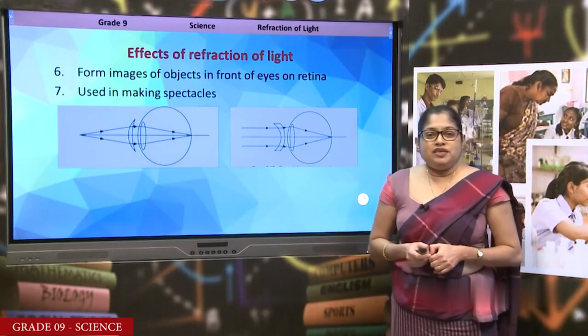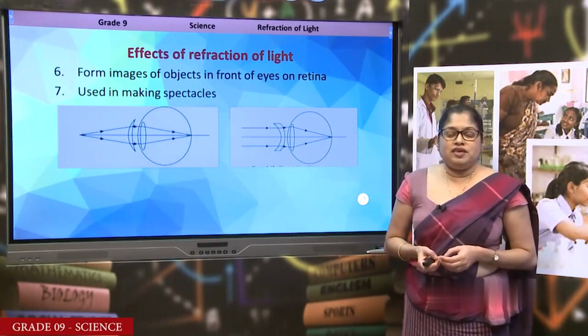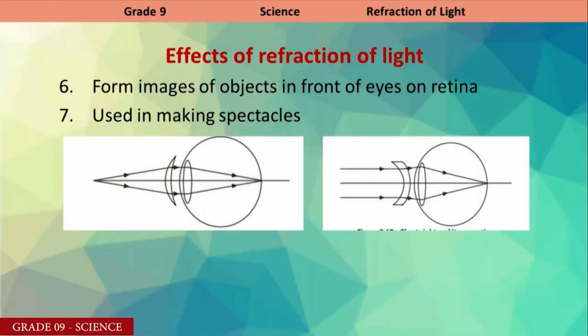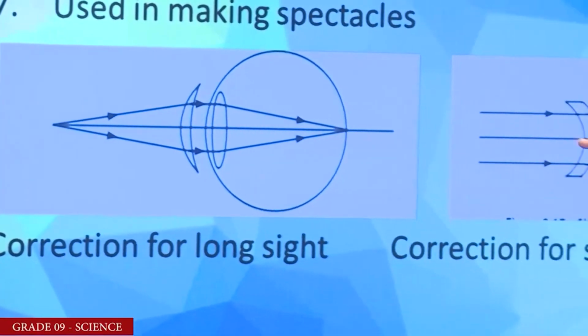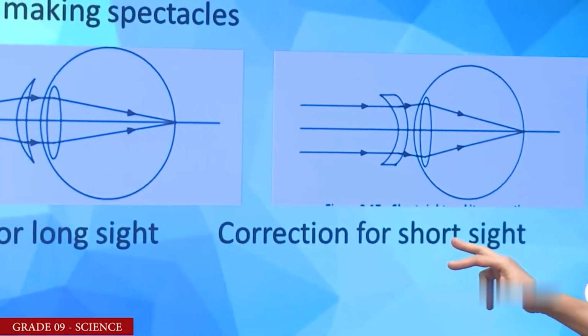We wear spectacles for some eye defects. You know, there are two main eye defects: long sight and short sight. This is how you wear spectacles for long sight, and this is how you wear spectacles for short sight.